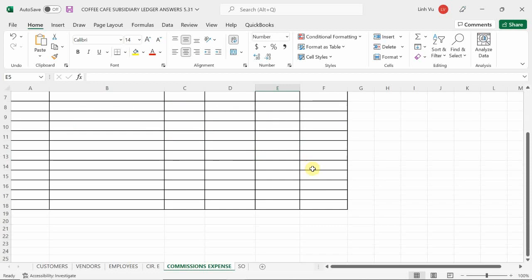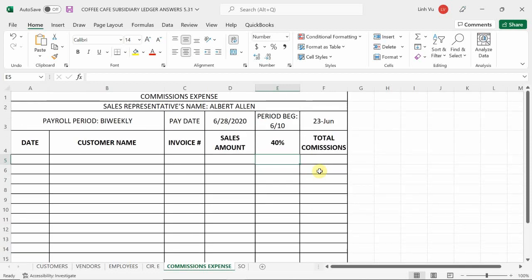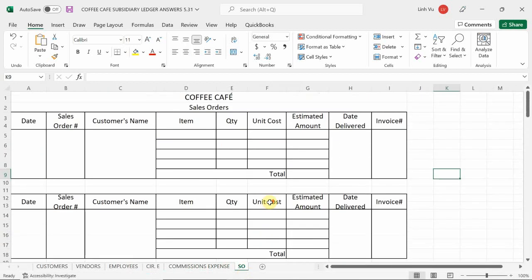And we'll figure out how much money we actually owe Mr. Albert Allen. Not only that, we are also responsible for filling out the sales orders for Mr. Albert Allen, because we also have to ensure that he does his job and delivers to those customers.